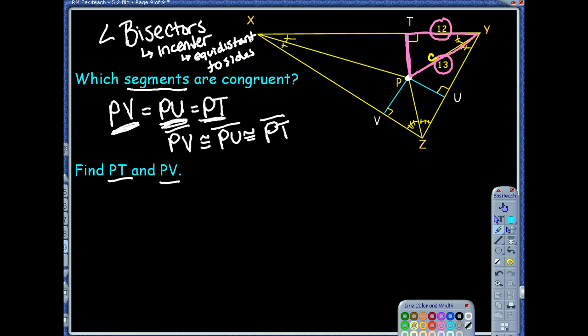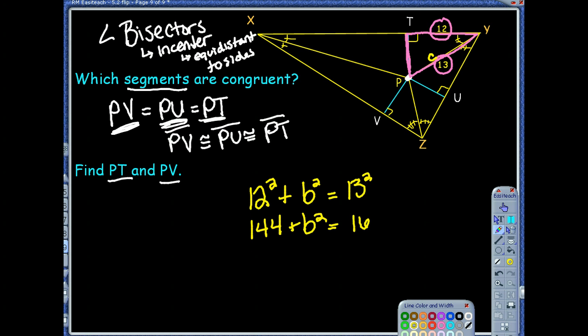I'll set it up. I'll say 12 squared plus B squared, or PT squared, however you want to say it, equals 13 squared. So I get 144 plus B squared equals 169. I subtract 144 on both sides, so B squared equals 25. Take the square root, and I get B equals 5.